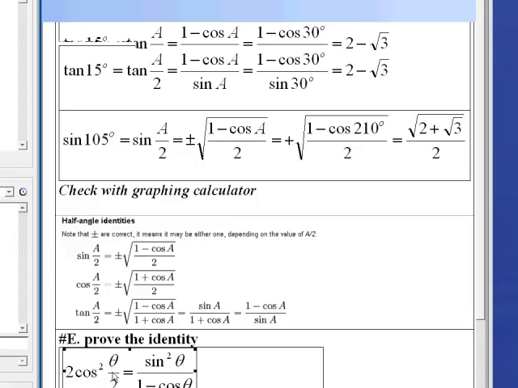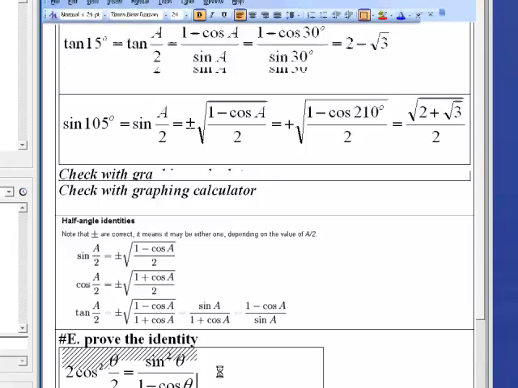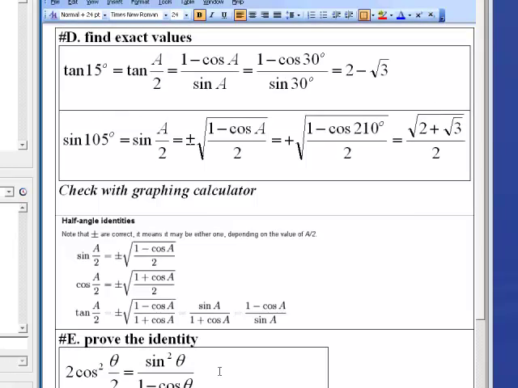I see that on the left-hand side, I can use a half angle identity. So that means cosine squared theta over 2 is going to come out to 1 plus cosine over 2.